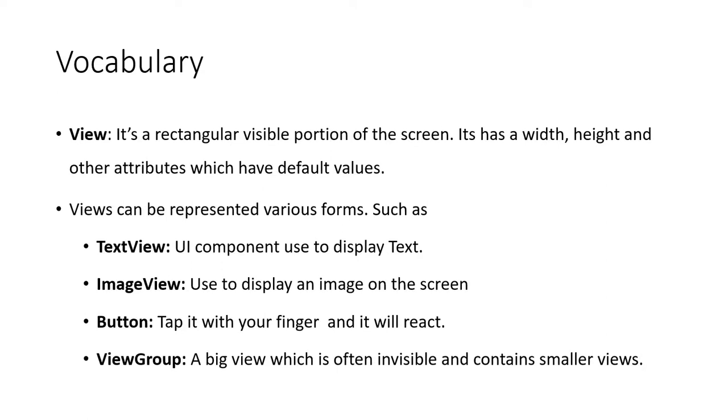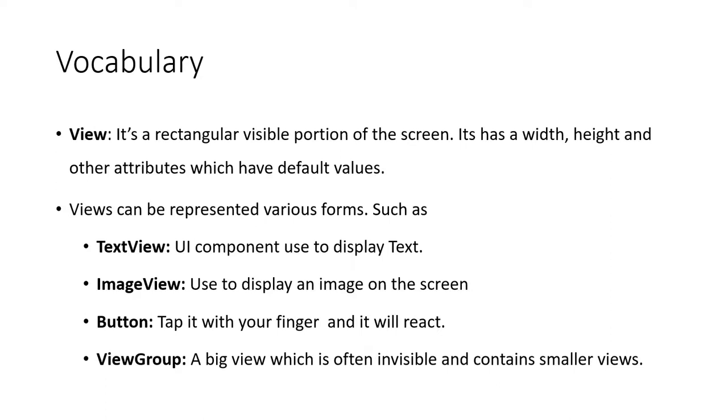Before we start, let's define some regularly used terms in Android layout. First is the view. A view is a rectangular visible portion of the screen. It has a width, height, and other attributes which usually have default values.